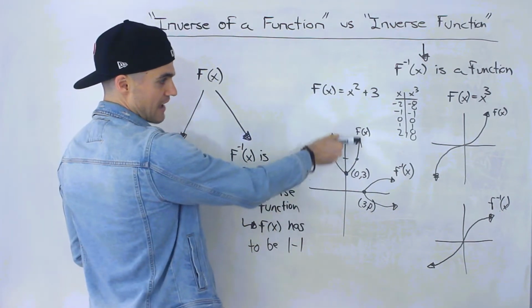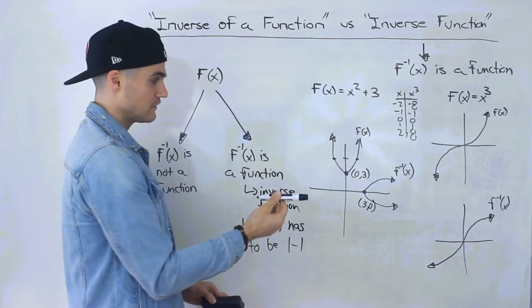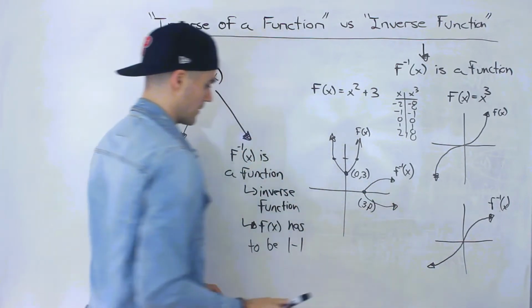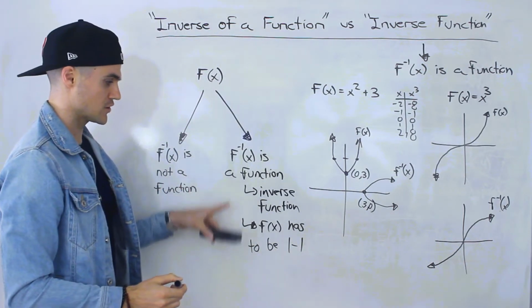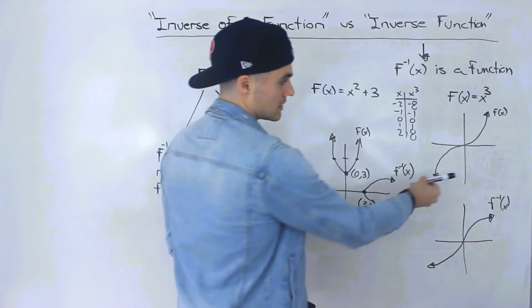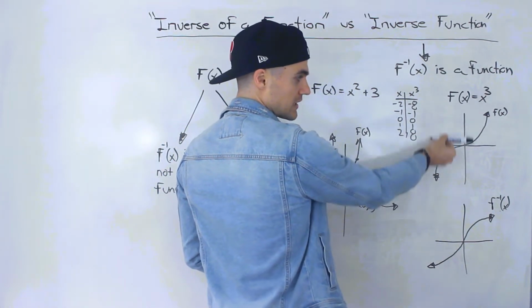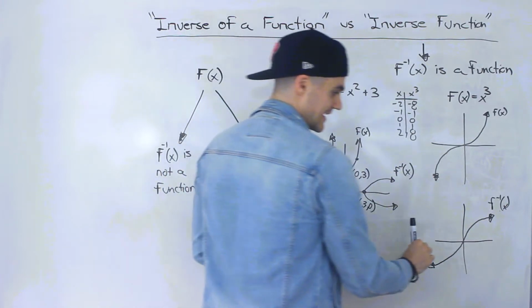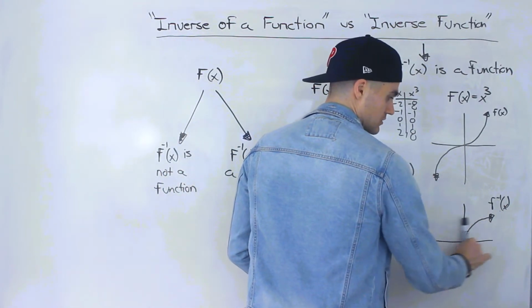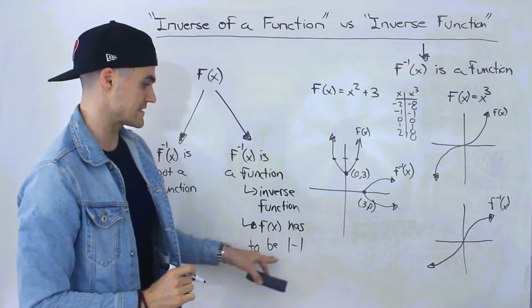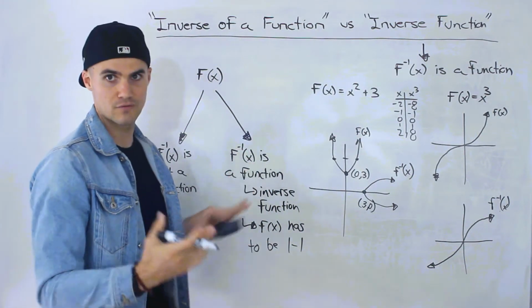And so because f of x is not a one-to-one function, the inverse is not a function. Remember, for the inverse to be a function, the original function has to be one-to-one. But x cubed is a one-to-one function because it passes that horizontal line test, which means that the inverse is a function. It passes the vertical line test. And so that's how one-to-one and the inverse relate.